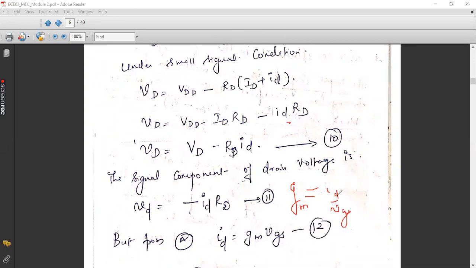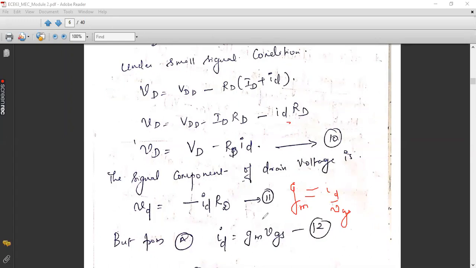Everything here is in AC. So gm is the transconductance, which indicates the change in the drain current with respect to the change in the AC voltage. So id divided by vgs can be considered as gm. If you rearrange this, id can be written as gm into vgs. That is equation number 12.